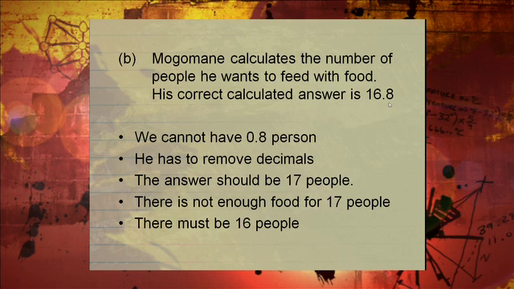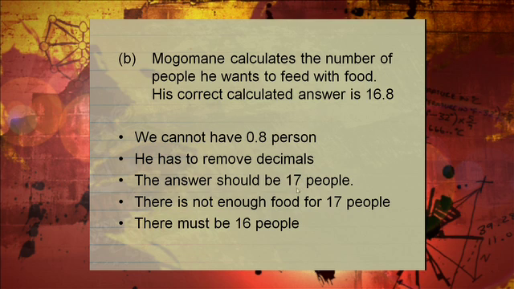Really? We cannot have 16.8 people. What must we do? Okay, we cannot have that. But this guy has to remove decimals completely. Okay, he comes to 17 people. 17 people. Is it like, okay, 16.8, I know that to the whole number is 17. This guy used pure mathematics without realizing the context.